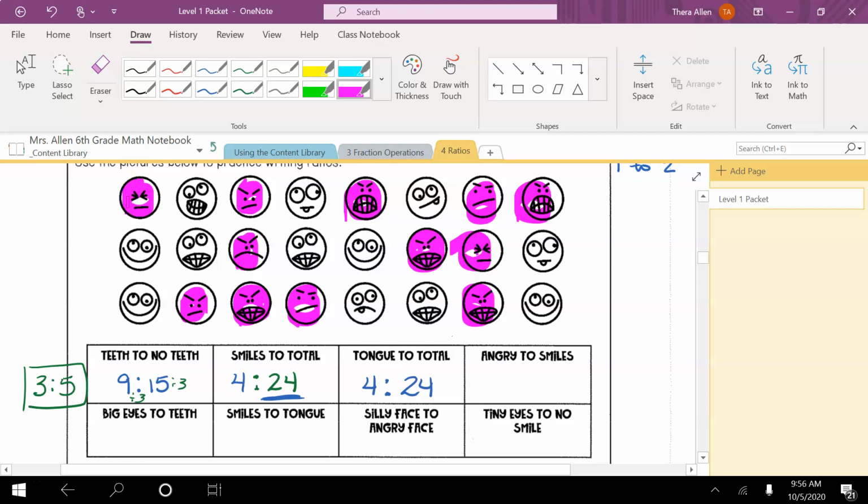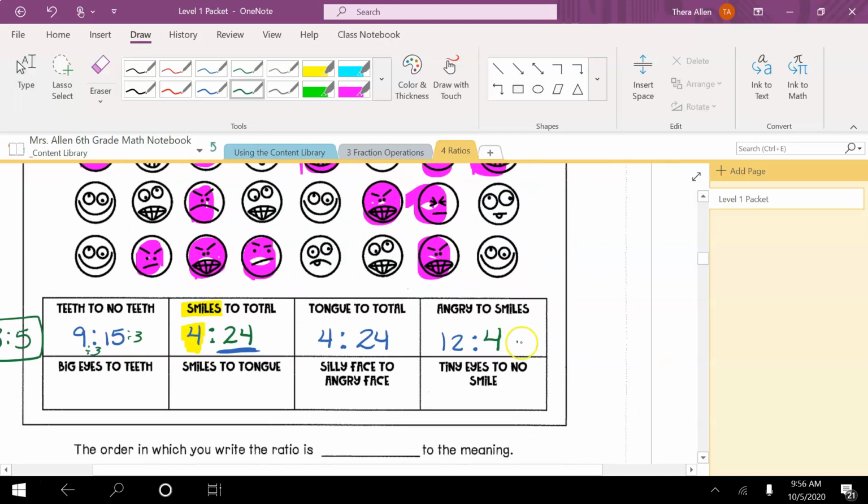I have 12 angry faces, and now I need to know how many smiles I have. Well, I could go through and recount, or I could come back over here and I see smiles are right here. I can look at this first number because that's the first number in my ratio. It represents smiles. And smiles, I have 4. So my ratio is 12 to 4.